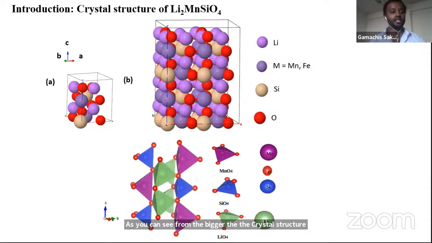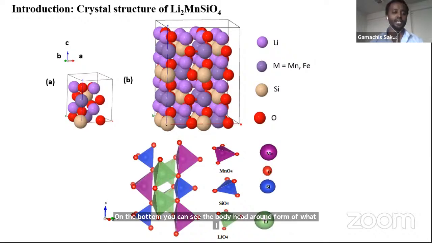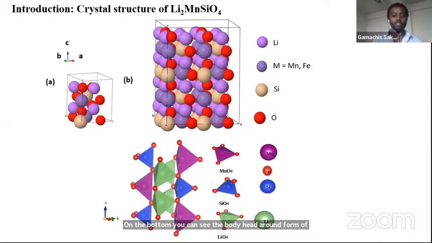In the figure, you can see the unit cell, which consists of manganese, silicon, lithium, and oxygen. On the right side, B, you can see the supercell 2 by 2 by 2. On the bottom, you can see the polyhedral form of what is already indicated in A. All the cations, manganese, silicon, and lithium, are surrounded by 4 oxygens. For example, the manganese is surrounded by 4 oxygens.